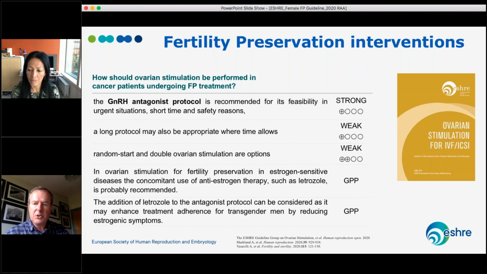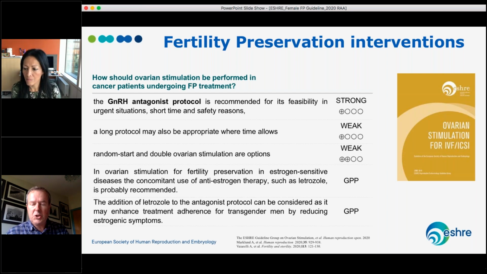However, that does not exclude the use of a long protocol where the situation allows, and it also includes options for new developments, particularly in random start, which is now, of course, largely established, but potentially newer things like double ovarian stimulation were also options, but for many of those, the evidence remains fairly weak.